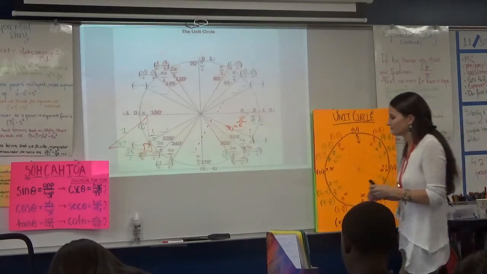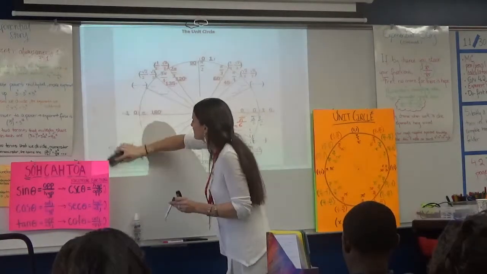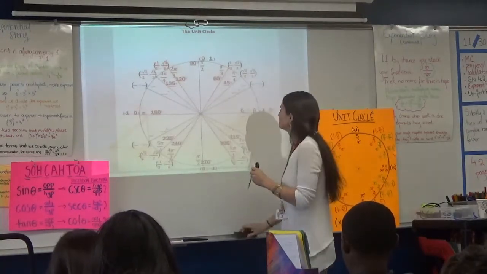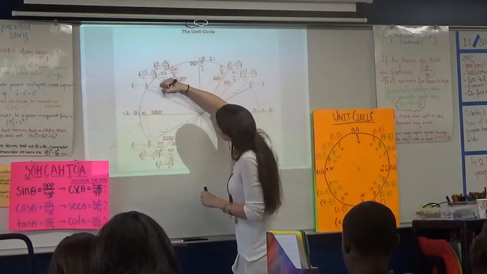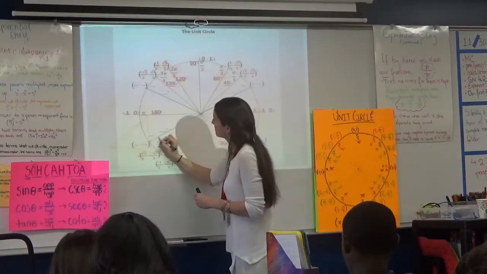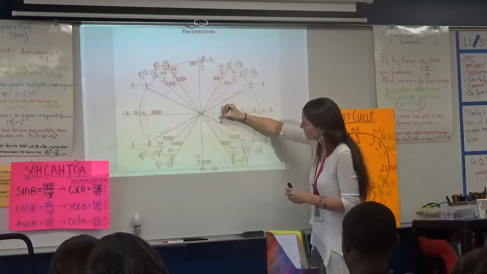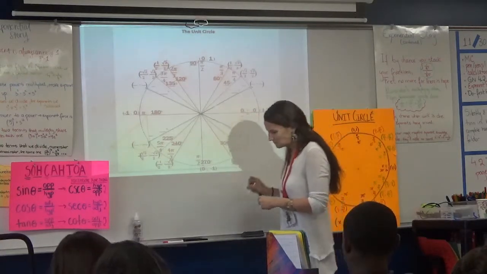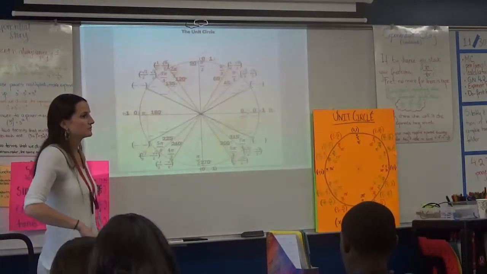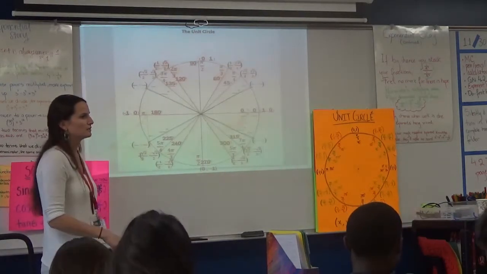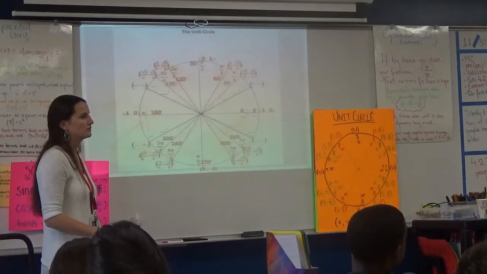Last 4. Dun dun dun. Okay. This guy, this guy, this guy. Oh no. Oh no. And this guy, right? You okay, Samantha? Stressed out? Over the unit circle?